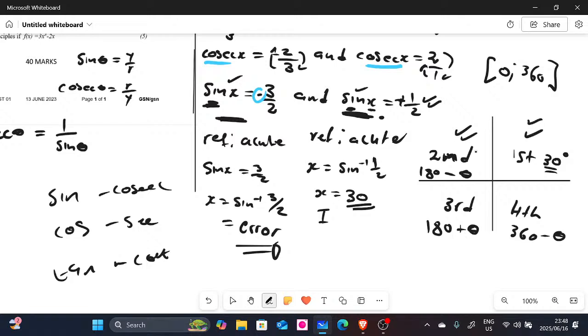So for the second quadrant, our x is going to be 180 minus 30, which gives us 150 degrees. So we only have two answers for this one: x is equal to 30 and 150. This is how you calculate x in this type of equation.